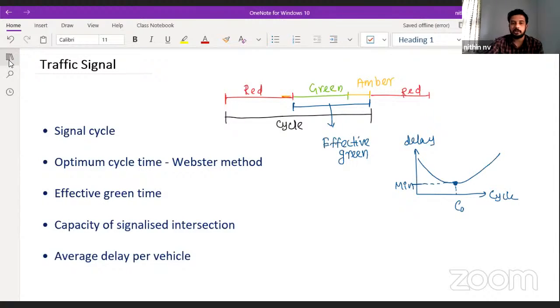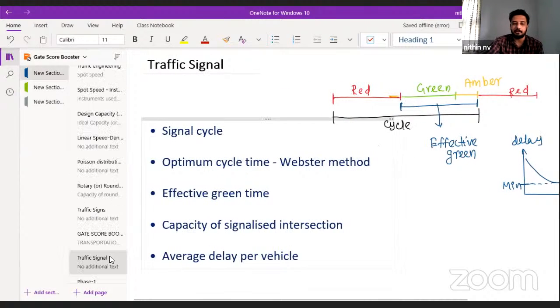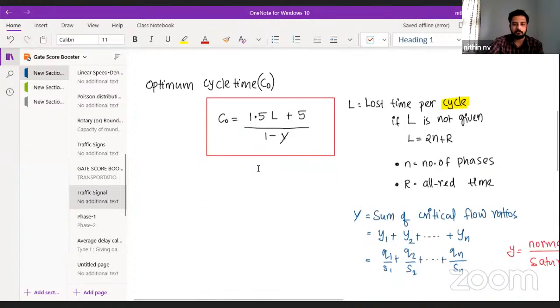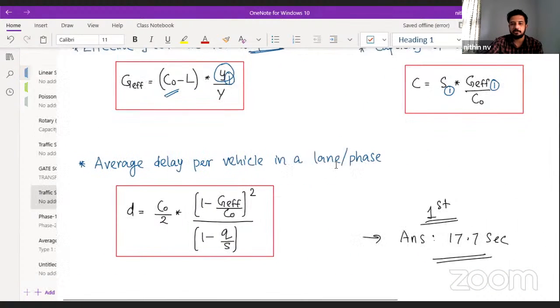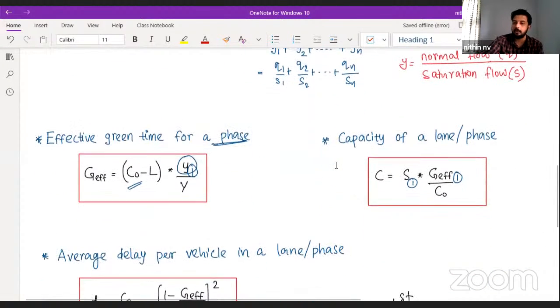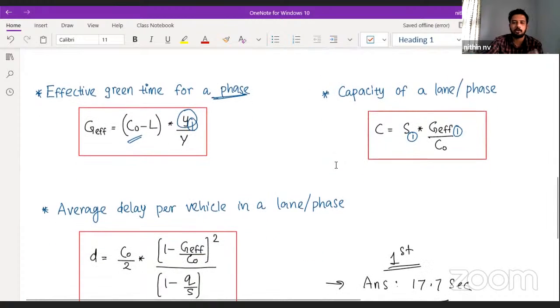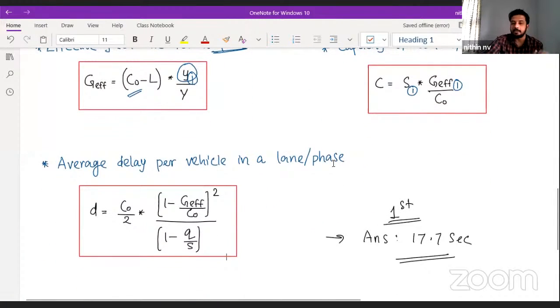Then in the last session, I mentioned the equation of average delay per vehicle, and I told you to calculate it also, those who were attending the session. So equations also we have discussed for optimum cycle time, effective green time, capacity of a particular phase or lane, then average delay.